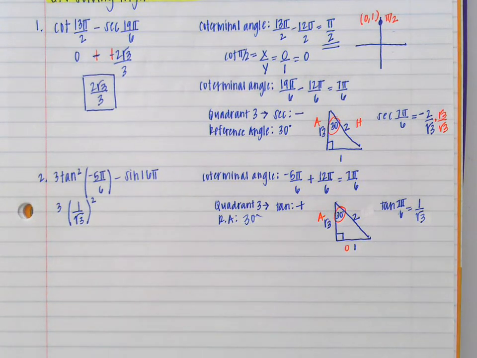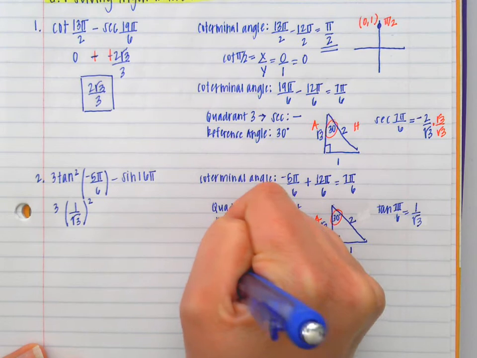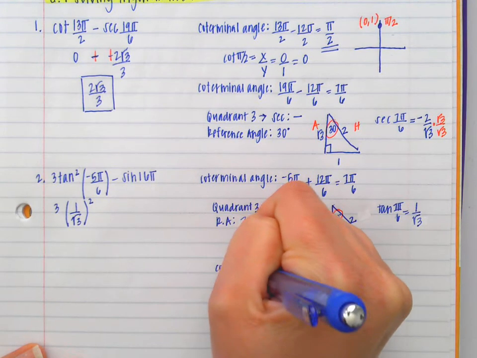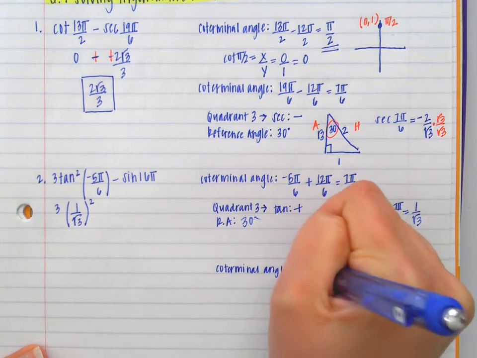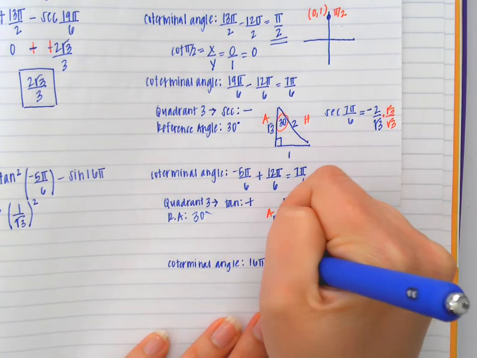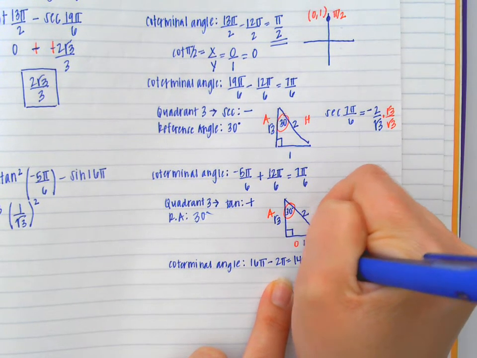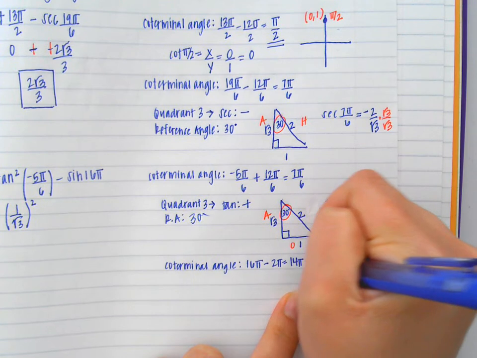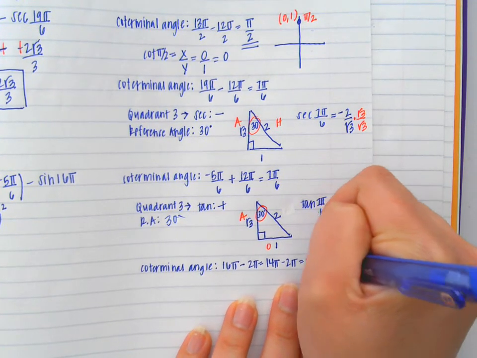Okay, let's move on to sine of 16 pi. So first thing we need to, again, find our coterminal angle. Now I can keep subtracting 2 pi, but that's going to get me 14 pi, which is still greater than 2 pi. Subtract again, I still get 12 pi.